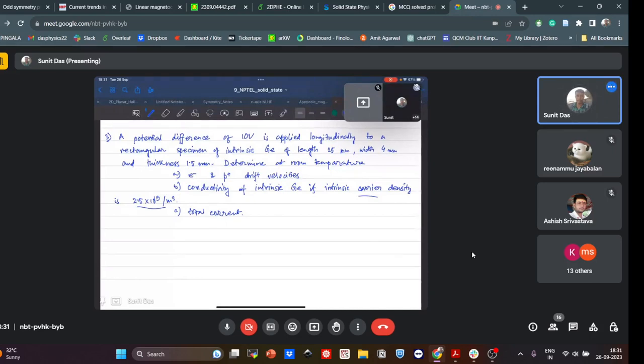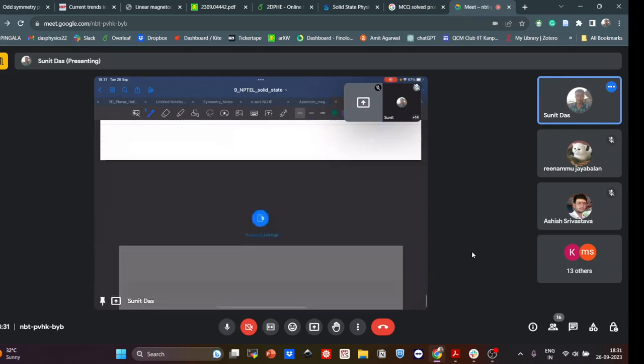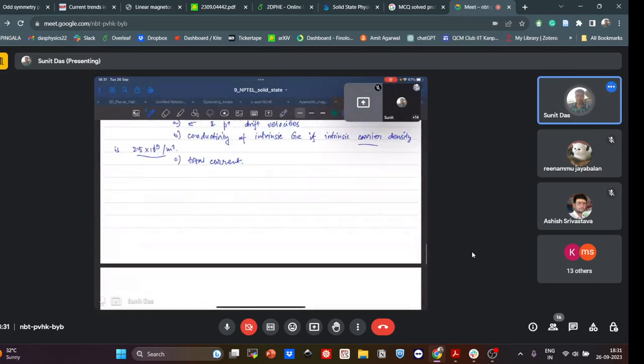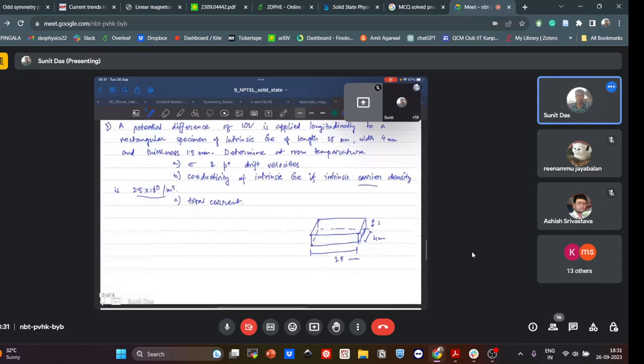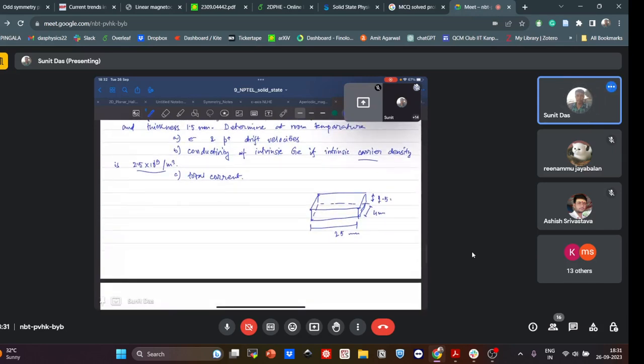Okay, so let's say we have a sample. So this is length 25 millimeter, and then width is 4 millimeter, and then thickness is 1.5 millimeter.